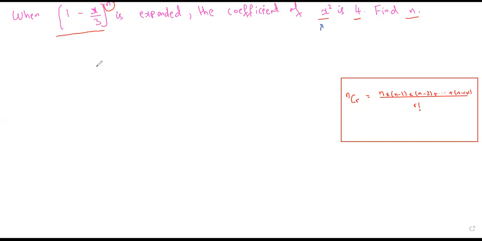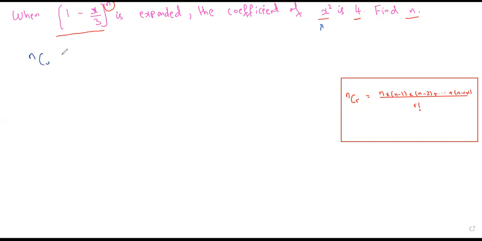Okay. Before talking about this question, I would like to rewrite the formula. Right now we know that I would get x squared when I am going to write it down again.